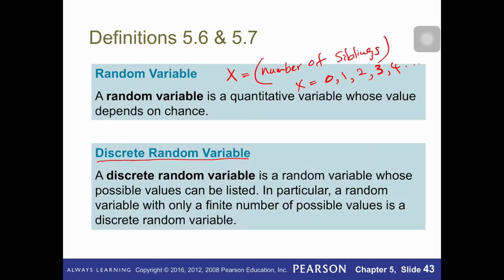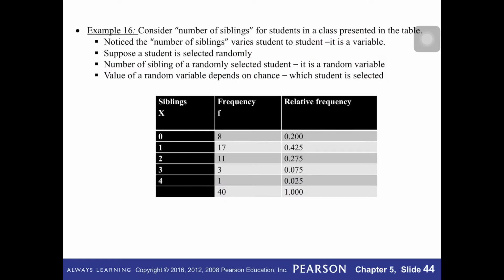Okay, so that we should be able to list those values like this. Okay, let's check this example. Consider number of siblings for students in a class presented in the table. See, this x is representing number of siblings. Those values can be 0, 1, 2, 3, 4.